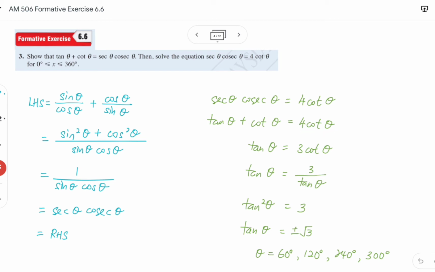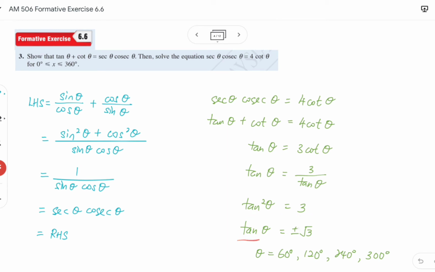So we move the cotangent theta together, and we get tangent theta equals 3 times cotangent theta, where 3 cotangent theta is 3 over tangent theta. Then we multiply tangent theta to both sides. So we have tangent square theta equals 3.